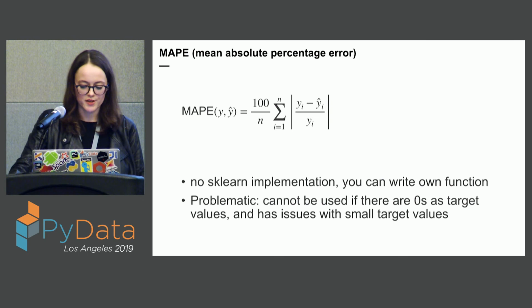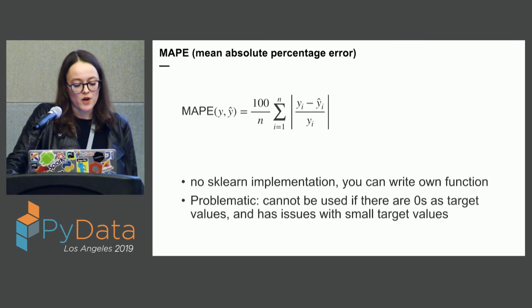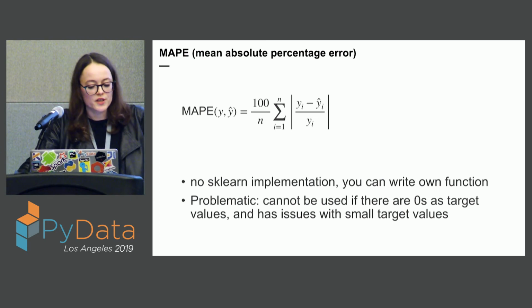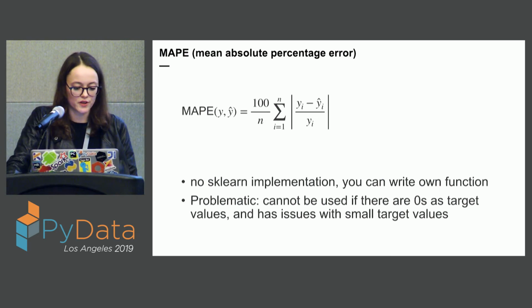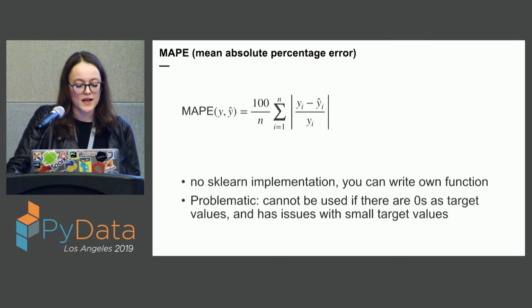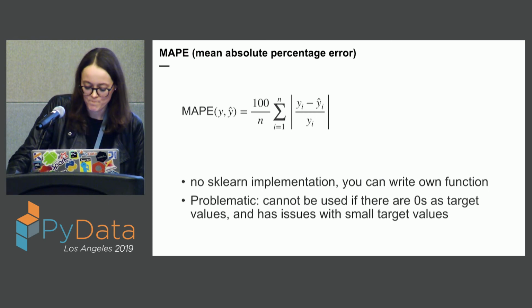In the presentations, business people tend to ask about this kind of thing. But you cannot use it if your targets can be zeros, because you're dividing by 0 in this case. And it has a lot of issues when the targets are really small. So you have to be careful with it. But sometimes it comes in handy.